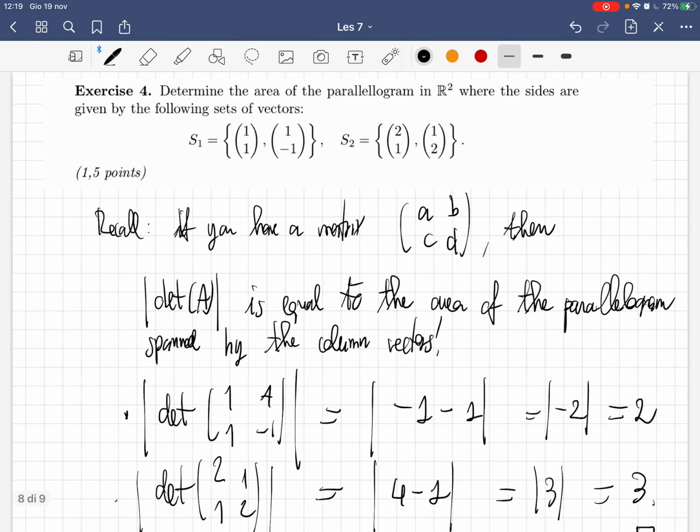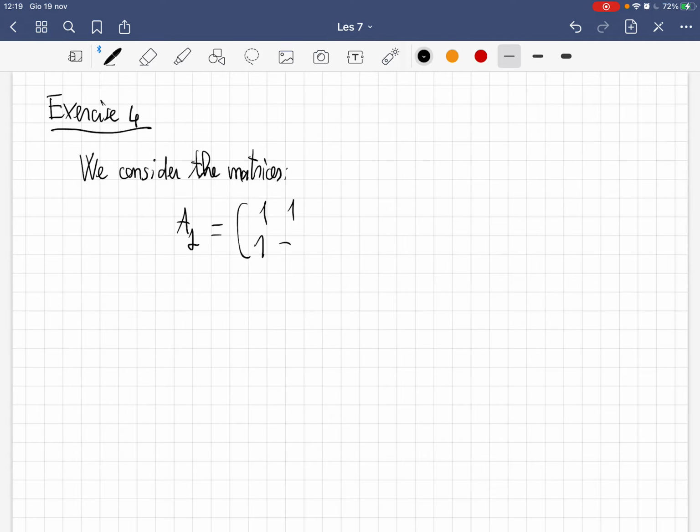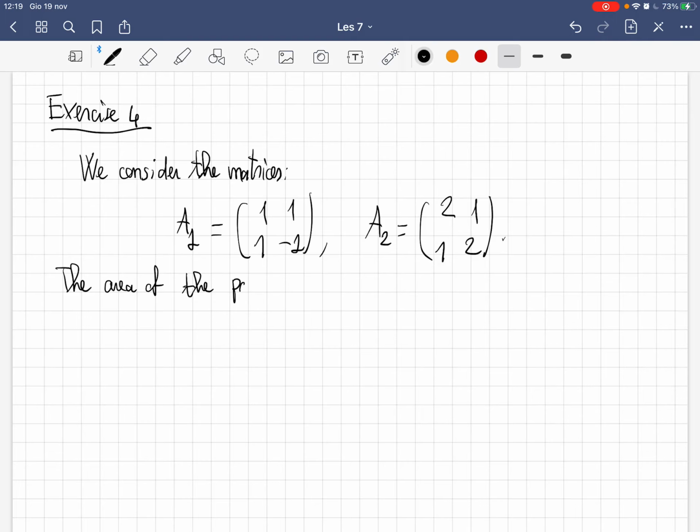Give names. So 1, 1, 1, minus 1. Expand.